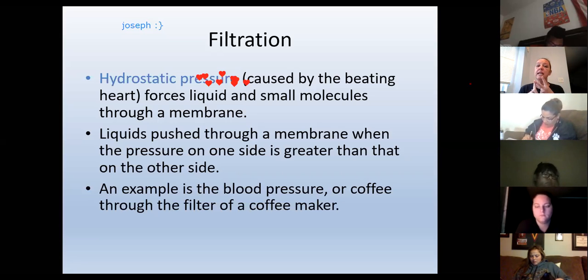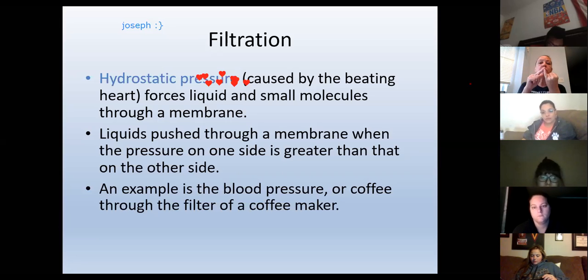We had facilitated diffusion, where we're still moving from high to low, but now we have a helper. We have some sort of protein facilitating or helping the movement. We have osmosis, which is now the movement of fluid. But the movement of fluid is moving opposite. It's moving from low to high because we are diluting out and trying to equalize the concentrations.